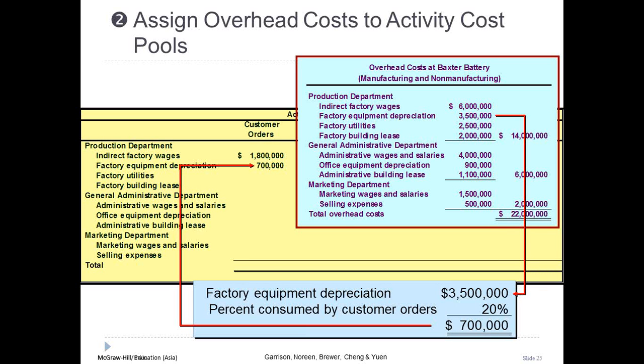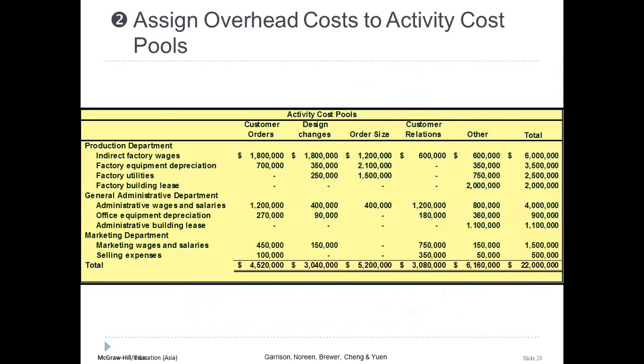As another example, the factory equipment depreciation assigned to the customer orders activity, $700,000, was computed by multiplying the total factory equipment depreciation, $3.5 million, by the percentage of time that the factory equipment was used to support this activity, 20%. The completed grid of first stage allocations is shown here.